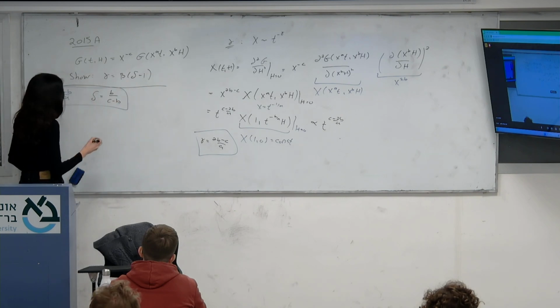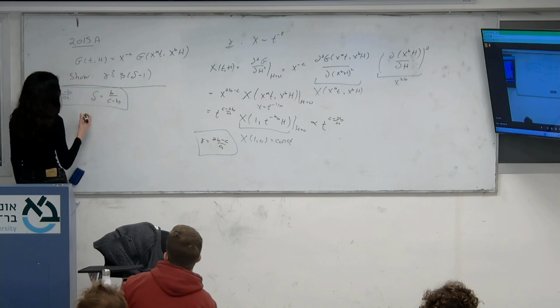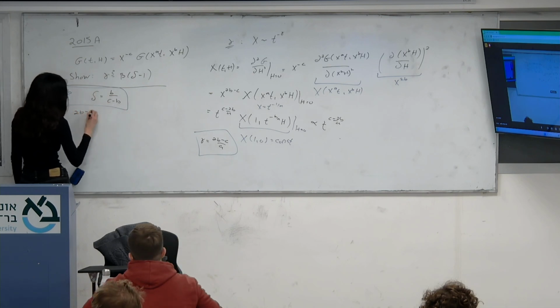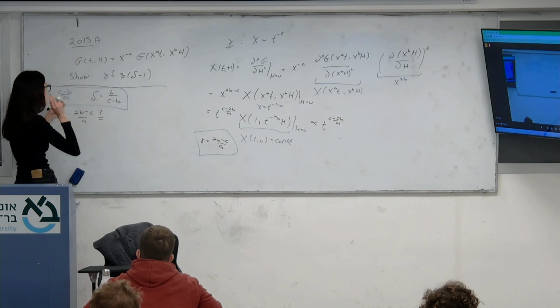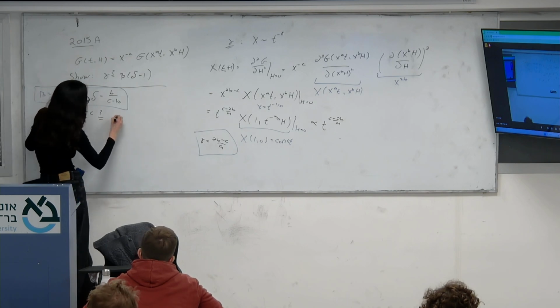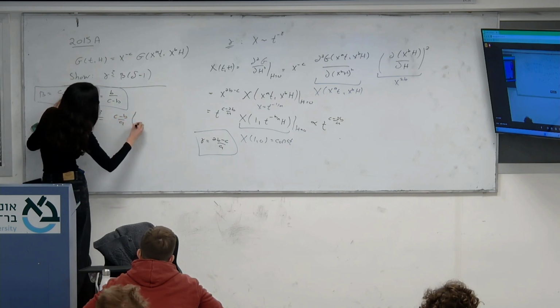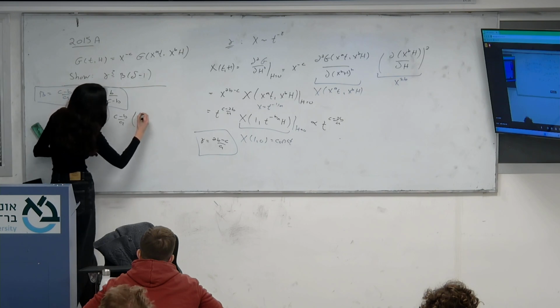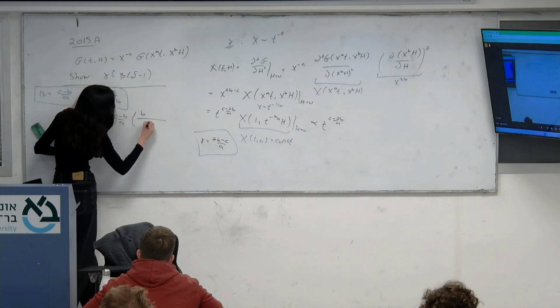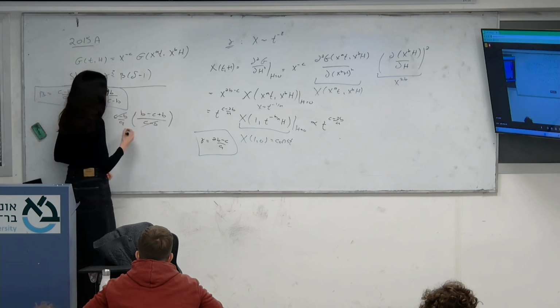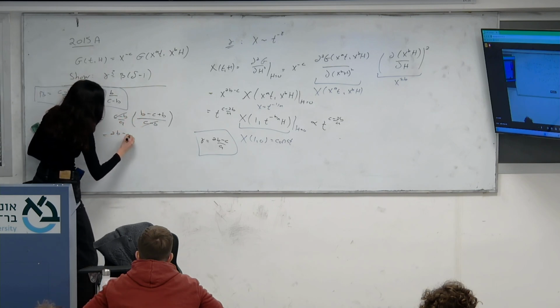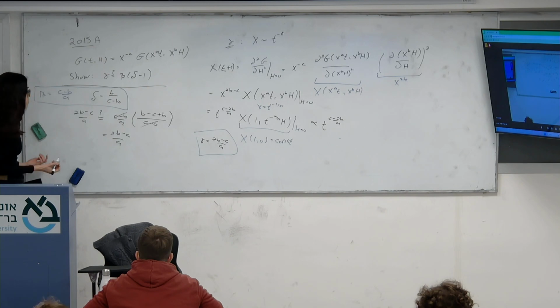So gamma, we said, is (2b minus c) over a, and is that going to be equal to (c minus b) over a, and then delta minus 1 is bc minus b, and then minus 1 minus c plus b, so this cancels that, and then we have (2b minus c) over a, so it works.